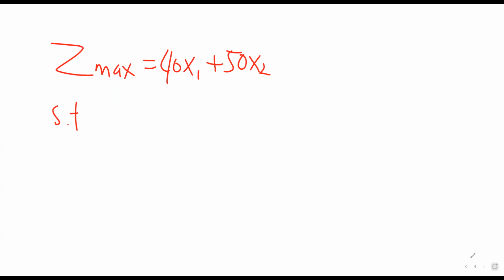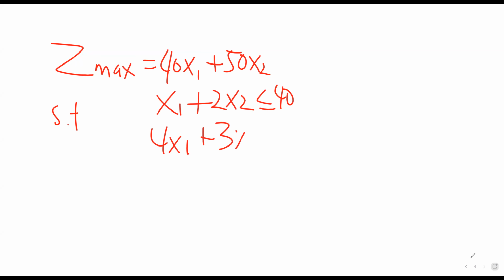Okay, subject to, then you have your first constraint, which is 1x1 plus 2x2 less or equal to 40. Then 4x1 plus 3x2 less or equal to 120. Then your non-negativity constraint. Okay, so this is your whole situation.